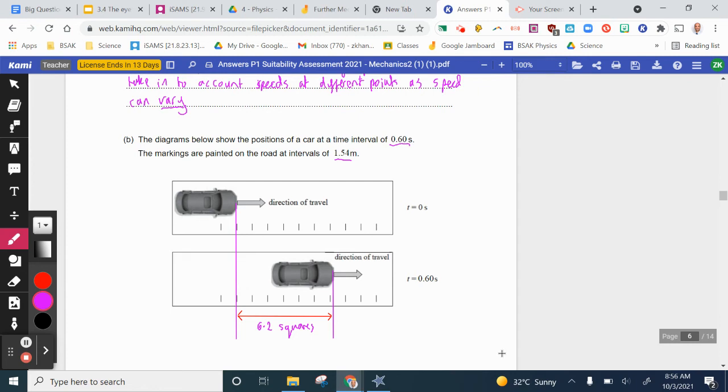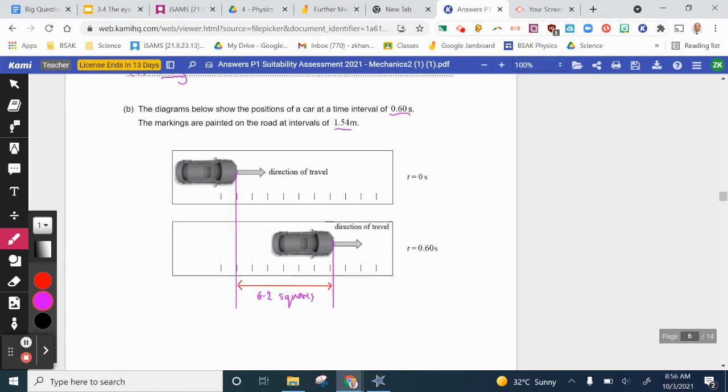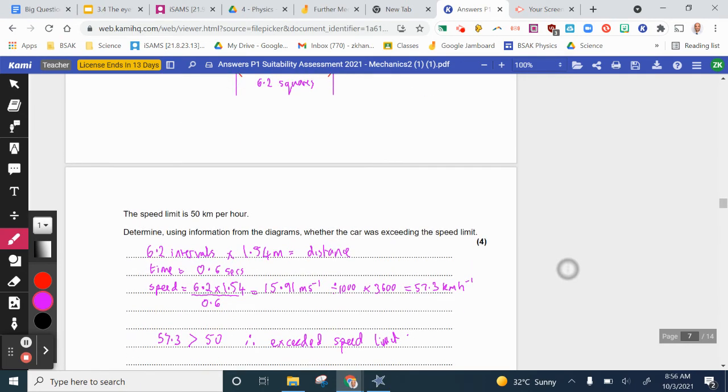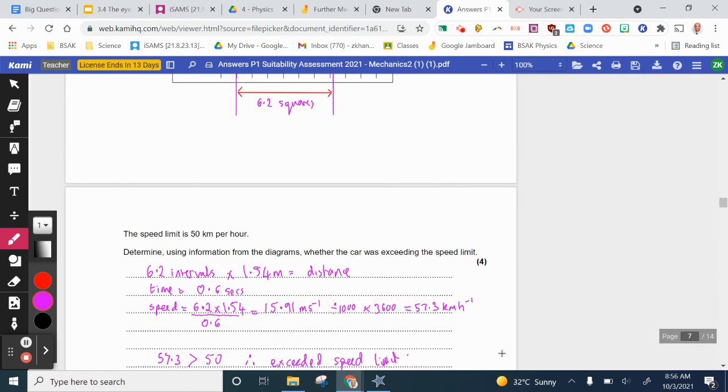I would say 6.2 is an approximation, intervals, sorry, and each interval is 1.54 meters. So therefore, the distance is 6.2 times 1.54. That's 1 mark. The time is 0.6 seconds, and the speed will be the distance over time, and that works out to 15.91 meters per second.